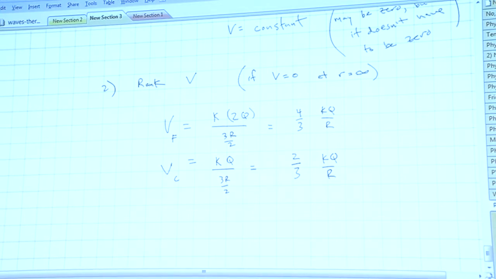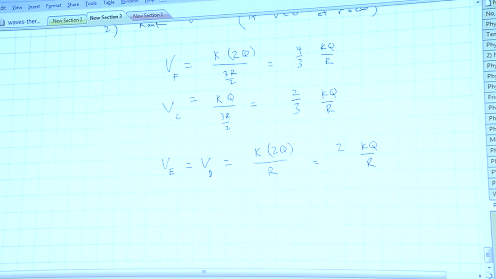How about E? What do we know that's going to be the same as? D, right? E and D are going to be the same, and it's going to equal V at the surface. So K, Q over R, which is at the surface. And what's left?